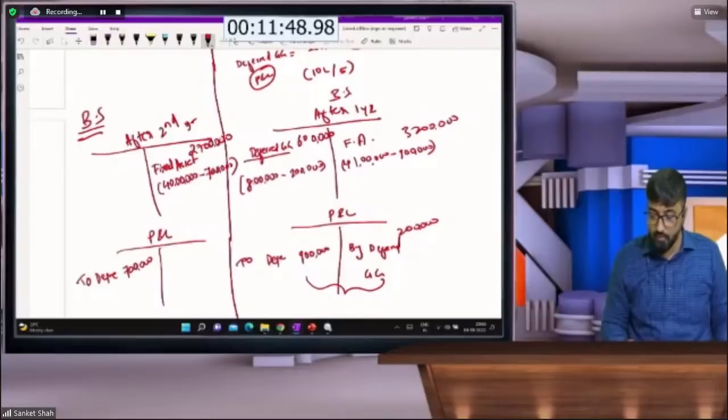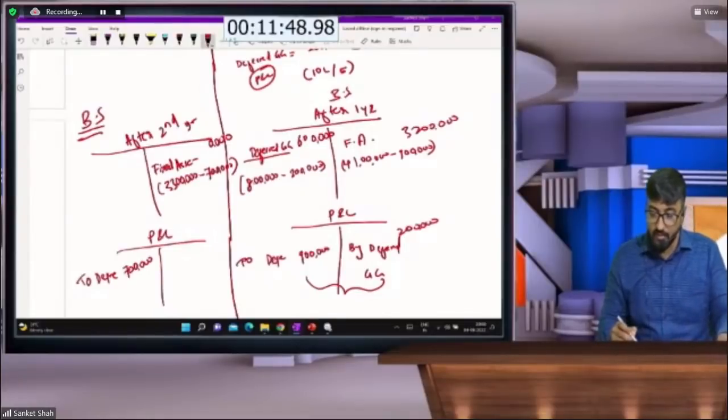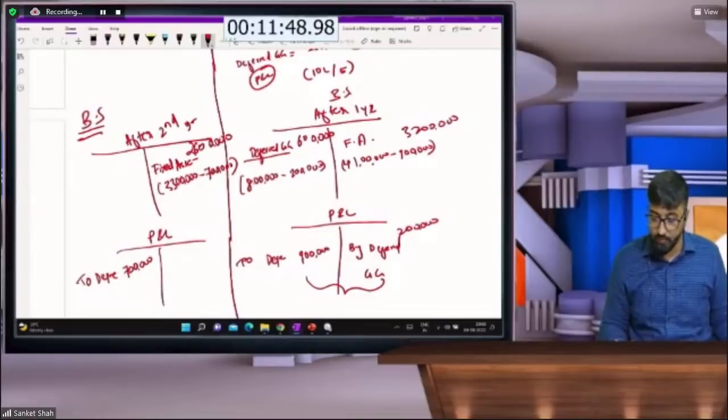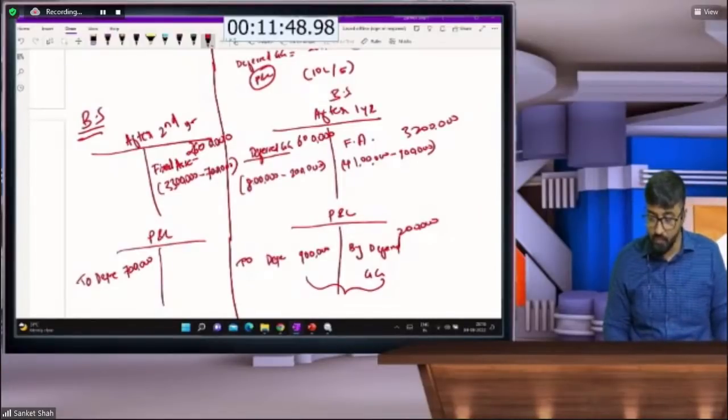And 33 minus 7, it will be 26 lakhs. And P&L will be same. Very good. So first case 26 lakhs, and second case it is 32 and 6 lakhs.